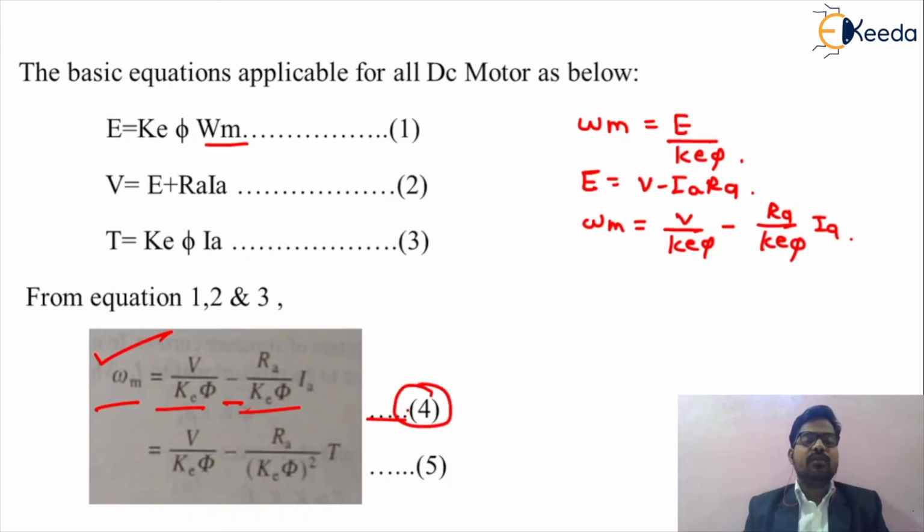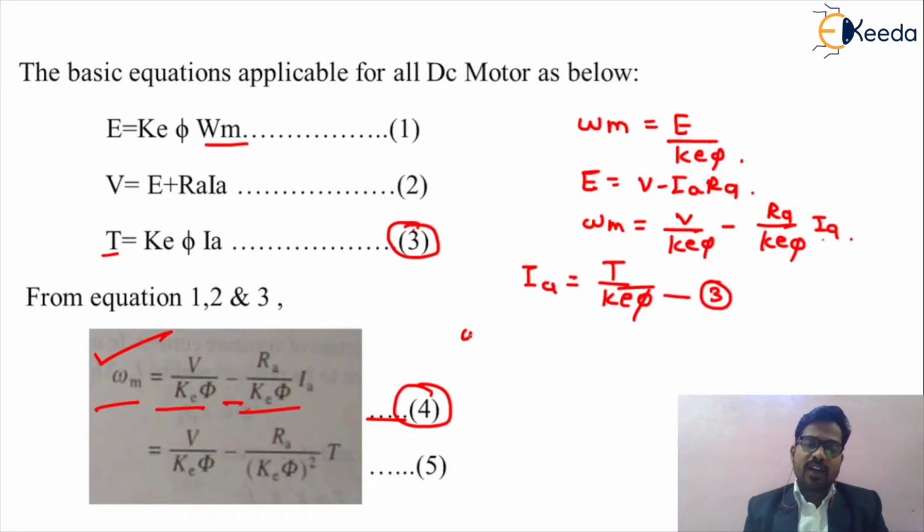So from equation number 4, we can now use equation number 3. In that particular equation number 3, we want to calculate the value of torque. So now we can substitute the value of IA. The value of IA is T by Ke phi. Now we can substitute this into that particular equation.